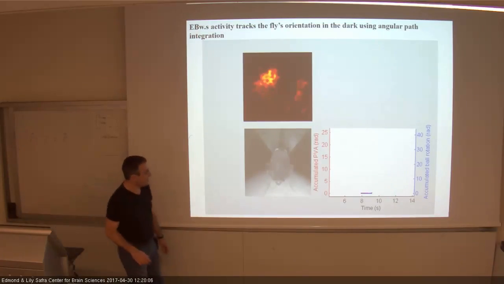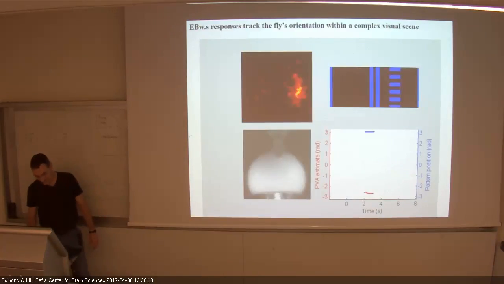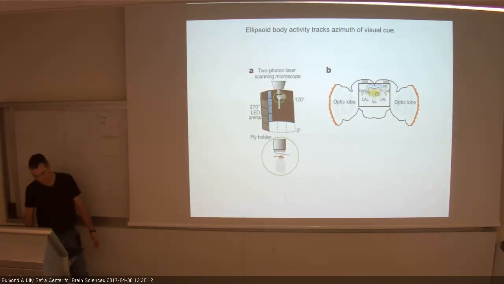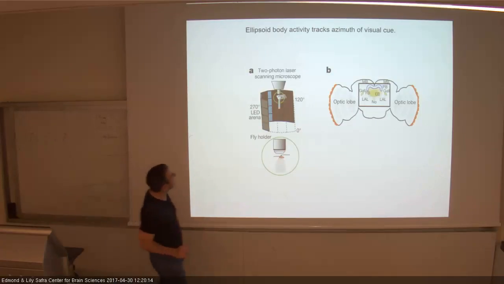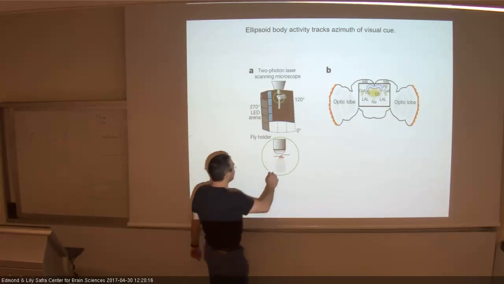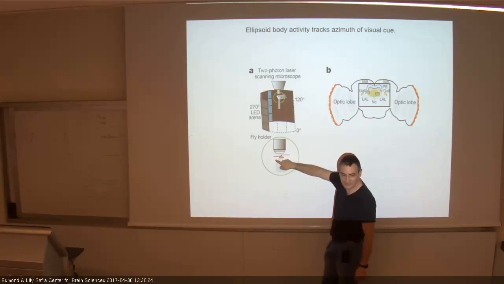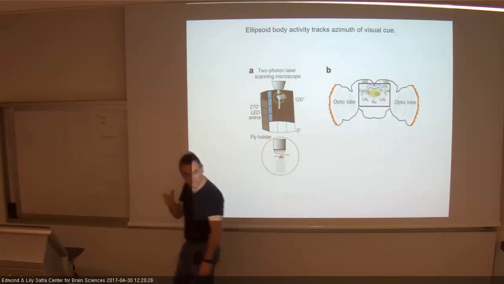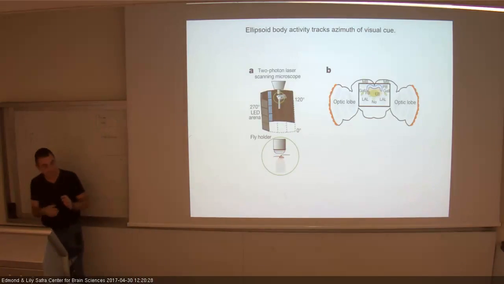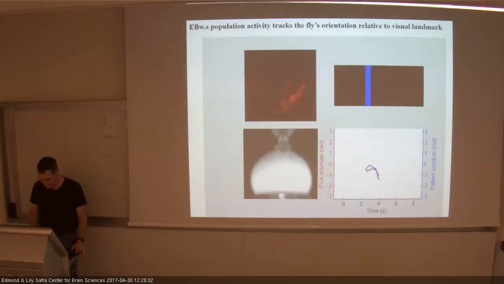No, it cannot fly. You see it here, it's glued to this rod, okay? And you do imaging, but it still can move its legs. And you can change the environment in accordance with its motion. And this is what's done here.